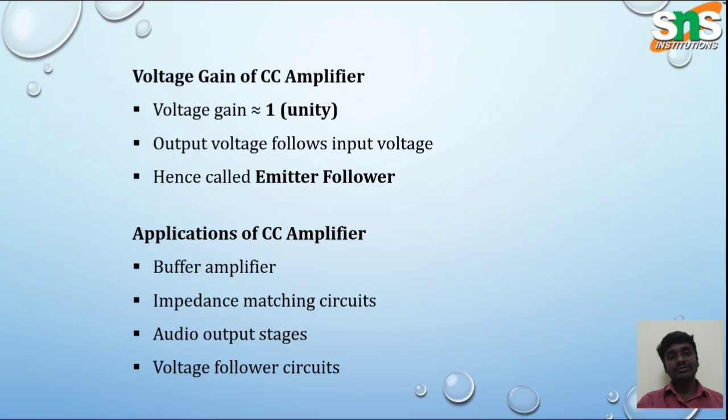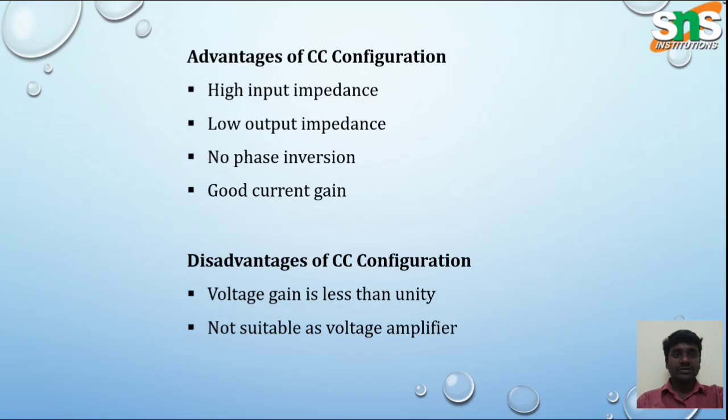What are the applications? We use the common collector configuration in buffer amplifiers, impedance matching circuits, audio output stages, and voltage follower circuits. The advantages are high input impedance, low output impedance, no phase inversion, and good current gain.